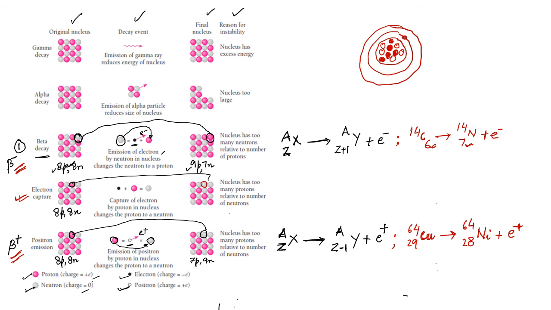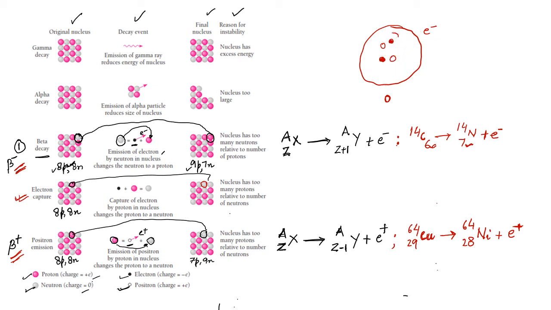What happens? The electron in the innermost orbit is captured by one of the protons, and then it becomes a neutron, and a neutrino gets out of the system. This is one process.